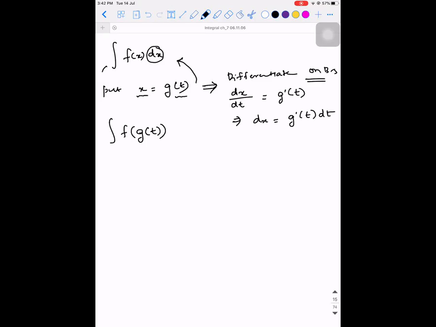So what will integral of f of x dx get transformed to? It will get transformed to integral of f of g of t into, in the place of dx, I'm going to write g dash of t dt. Okay, so this is the one which we are going to integrate. Why do we do this?